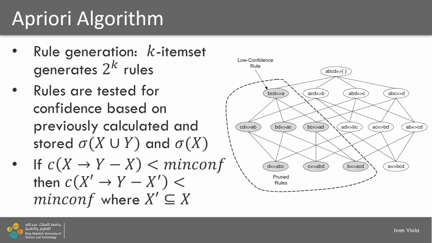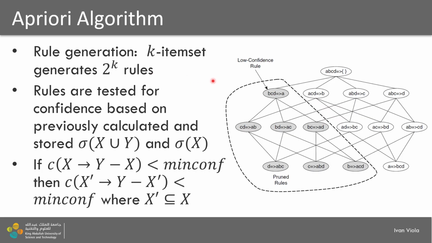But generally, let's have a look at how many rules can be generated from a k-item set. In real-world data, we will be dealing with much bigger item sets, a much bigger transaction history and a much larger set of items, so we need to consider the fact that a k-item set will in general generate 2 to the power of k rules.